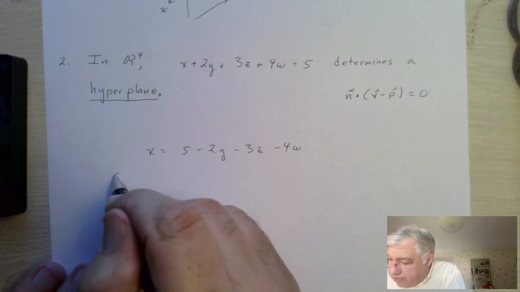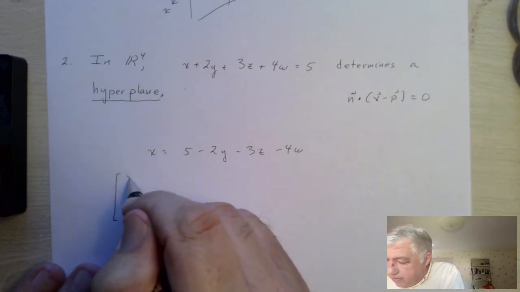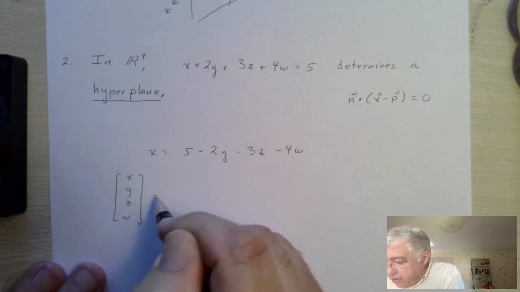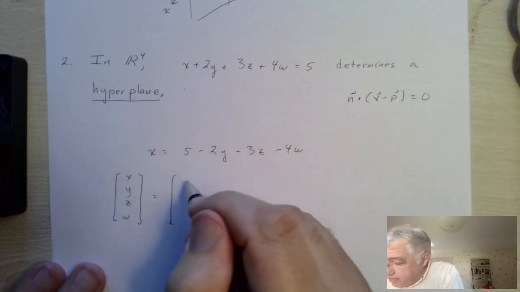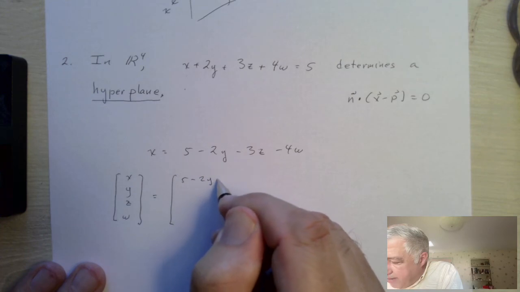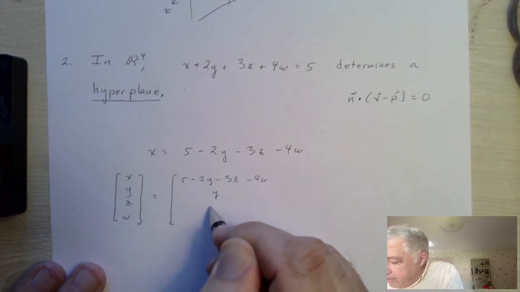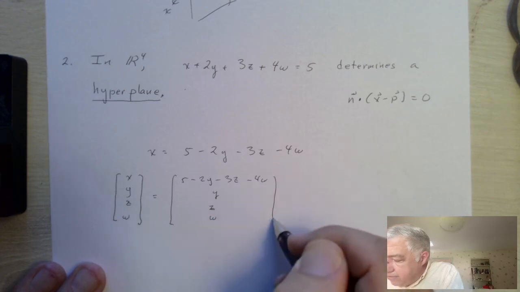And so the vector x, y, z, w can be written as 5 minus 2y minus 3z minus 4w, y, z, w.